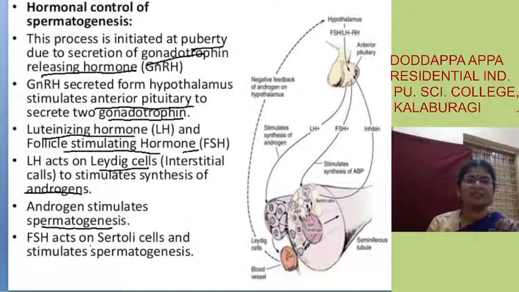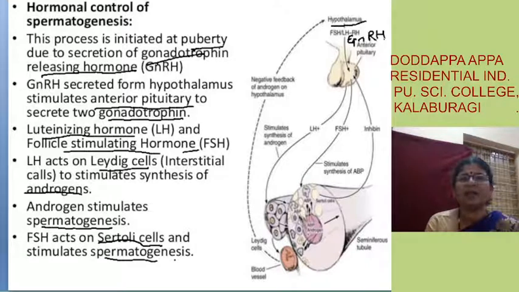And FSH will act on the Sertoli cells and stimulate the spermatogenesis. So diagrammatically here it is indicated. So the hypothalamus will secrete gonadotropin releasing hormone, and this gonadotropin releasing hormone will act on the pituitary, and this anterior pituitary, you have to remember.